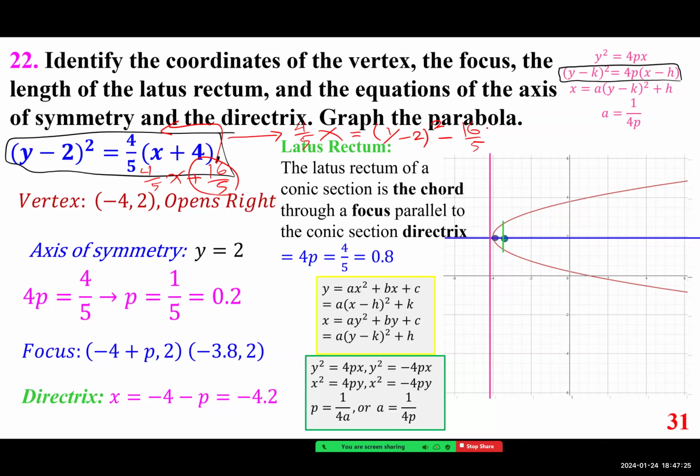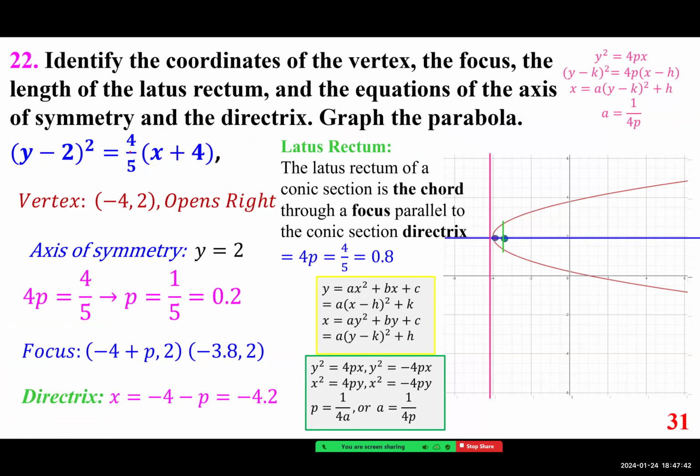Now you multiply both sides. Actually, it's better that we multiply it right here by 5/4. Let me just erase it.